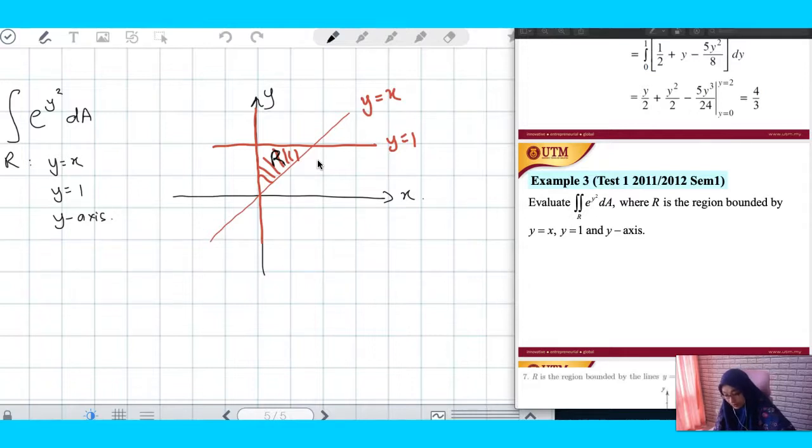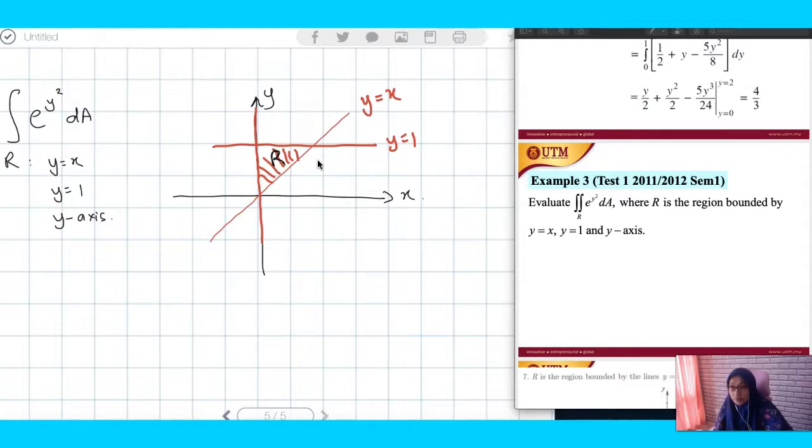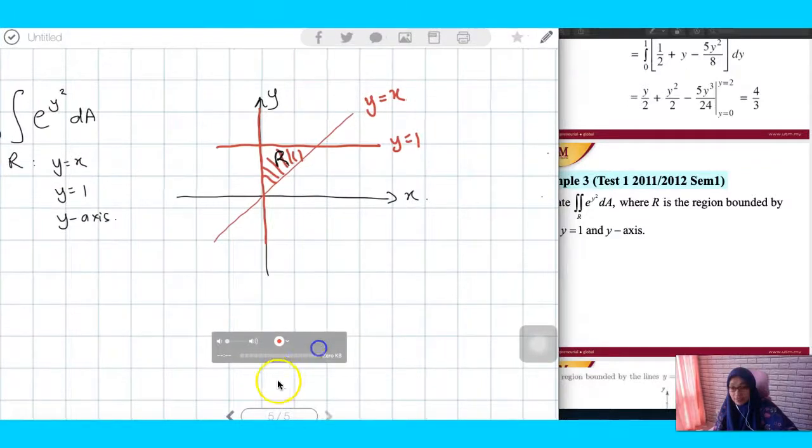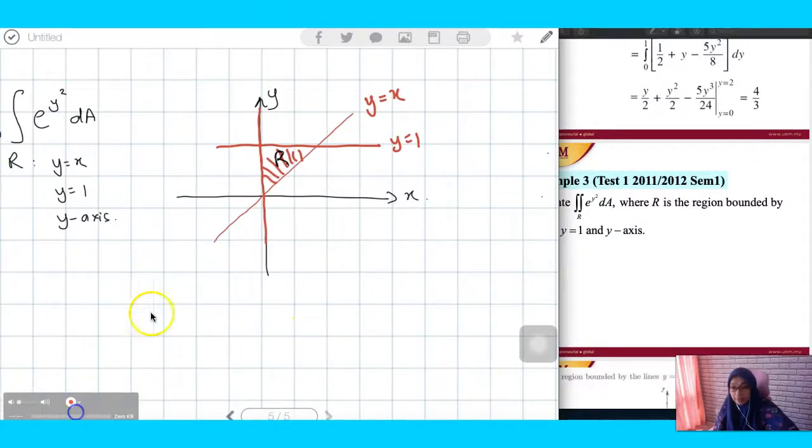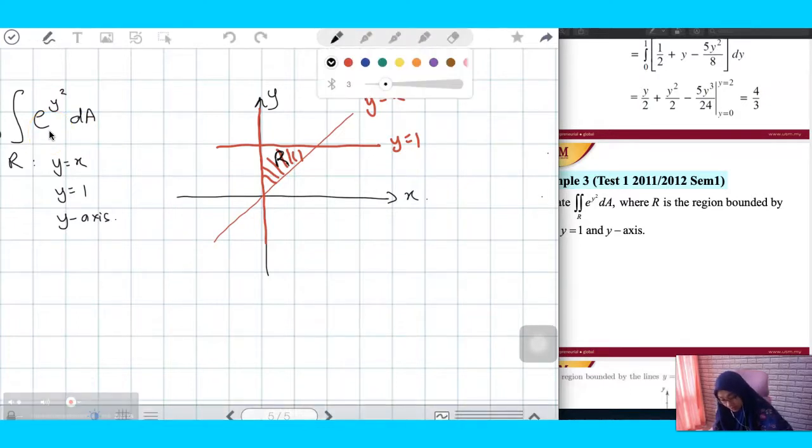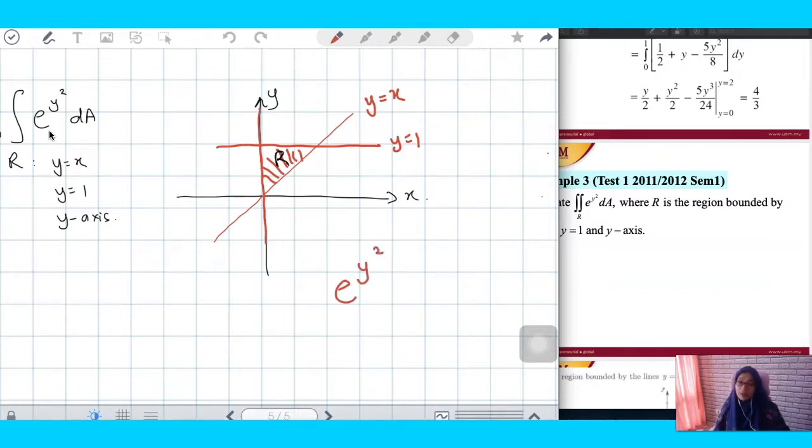Now it's time for us to determine the order of integration. In order to determine it, firstly you have to look at the integrand. In this case, our integrand is a quite simple expression, e to the power of y squared, the exponential of y squared.